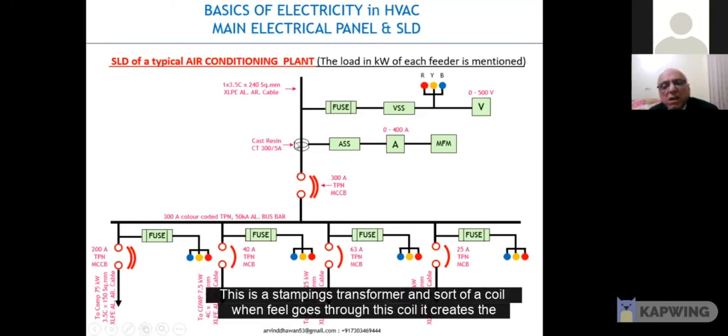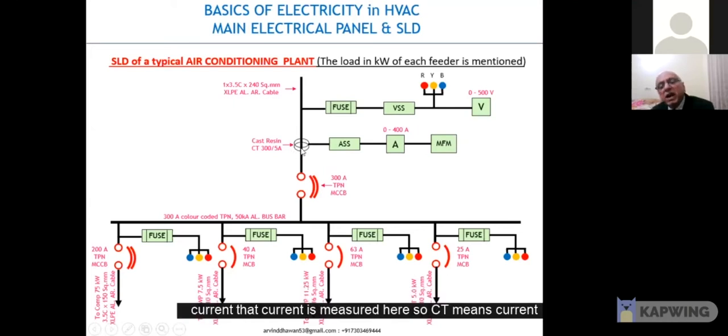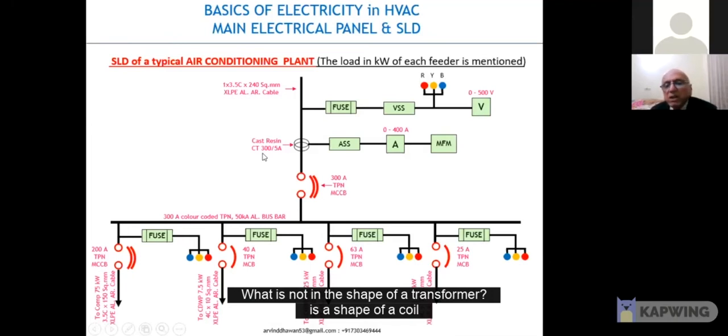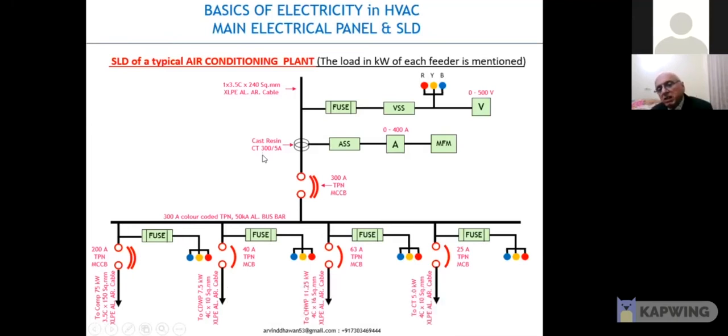This is a stampings transformer. When the magnetic field goes through this coil, it creates a current, and that current is measured here. So CT means current transformer, but it is not in the shape of a transformer, it is in the shape of a coil.